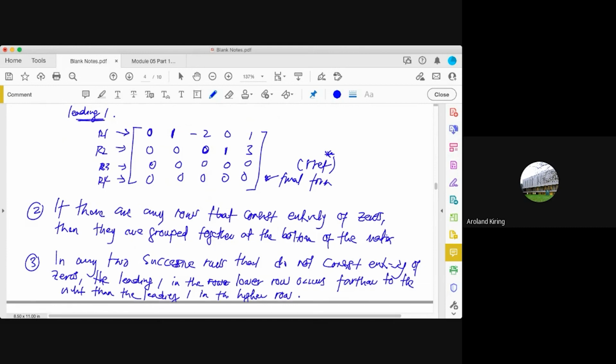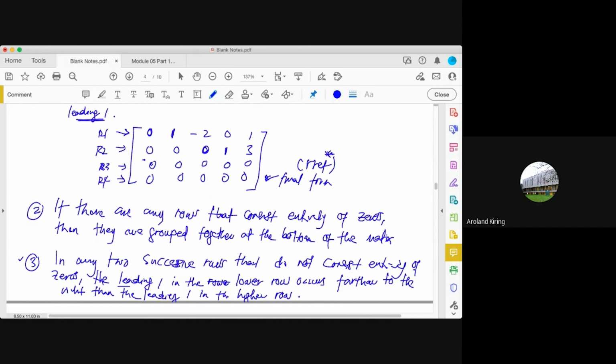Okay, so the third property is saying that if you have two successive rows that do not consist entirely of zeros, in our case row 1 and row 2, then the leading one in the lower row occurs further to the right than the leading one in the higher row.